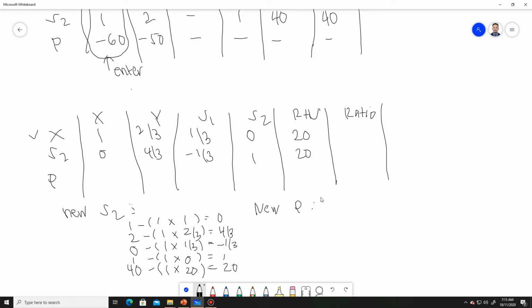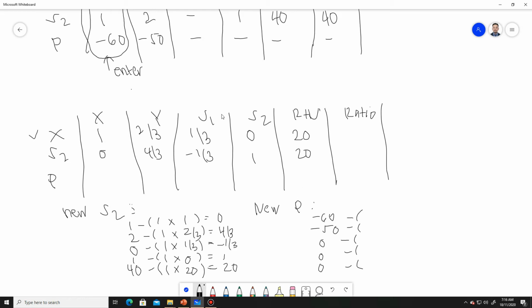Okay, sa new P row, ganun din ang formula. Una is yung elements in the old row. We have negative 60, negative 50, and we have 0, 0, 0. Minus yung ating intersectional element of old row.